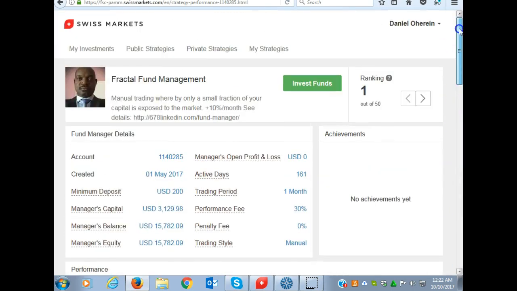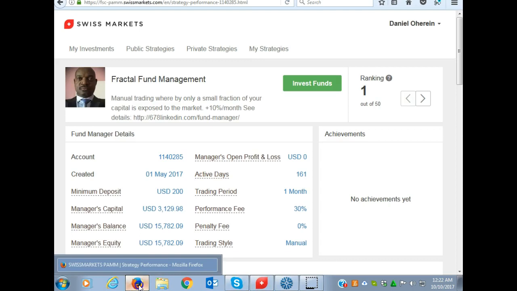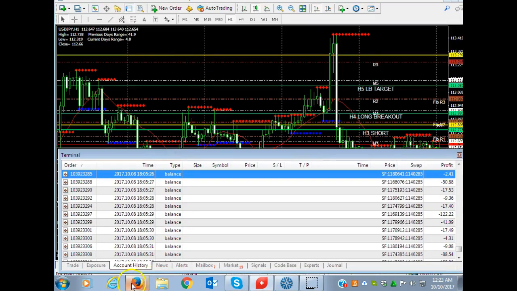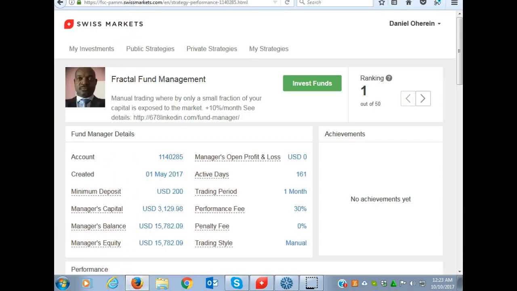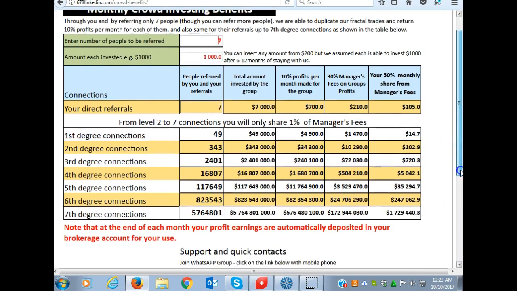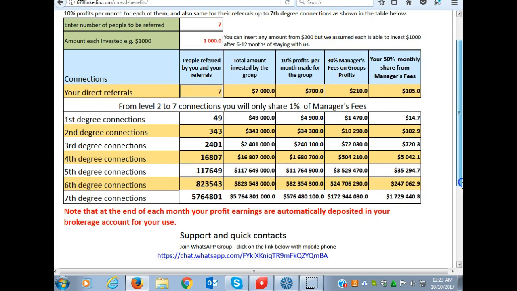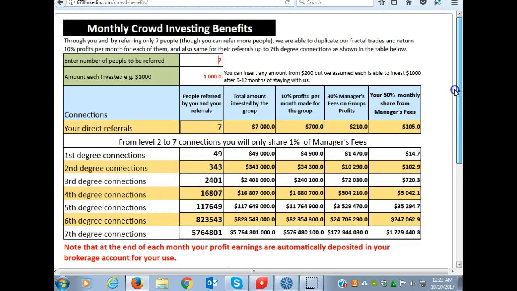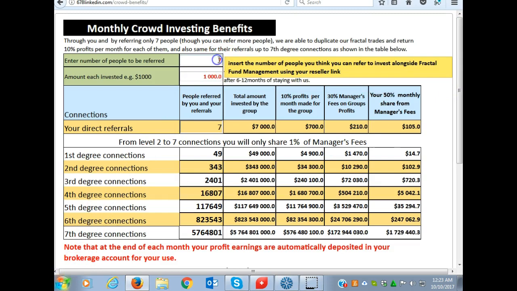You will also be able to either take out your profit or reinvest it, depending on what you want to do with your profit. Like I said, we make more profit if I have many people who are referring people to me. So far, my performance fee of 800, which I showed to you, comes from my direct referrals.